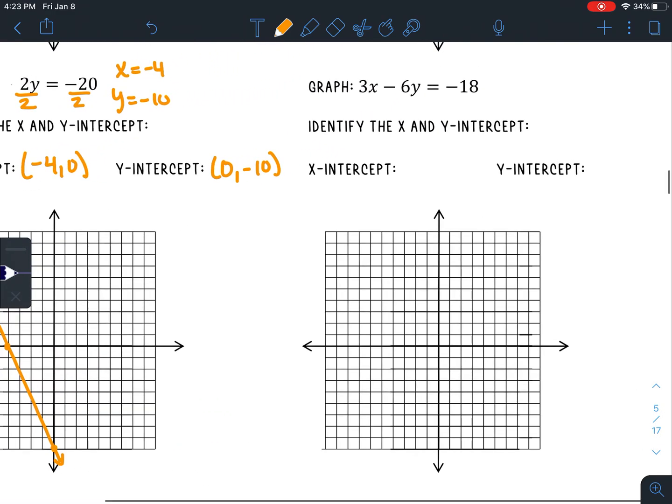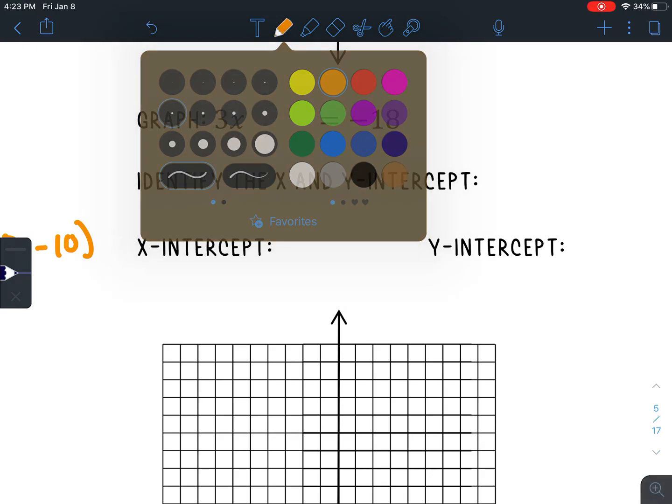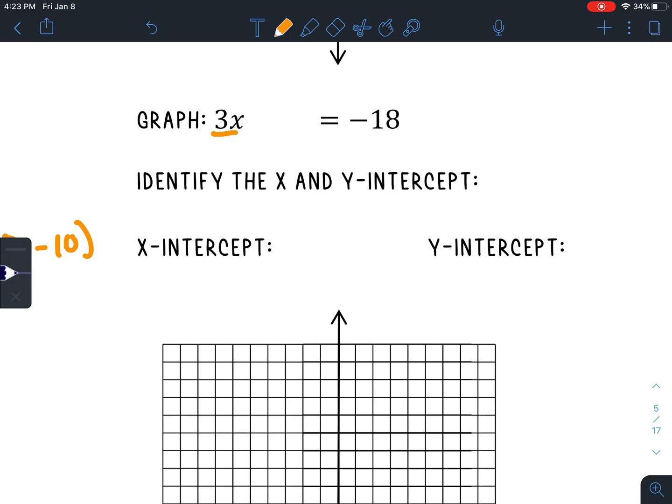Okay, let's try one last one here. So covering up my y, I'm going to divide both sides by 3. So that gets me x equals -6.